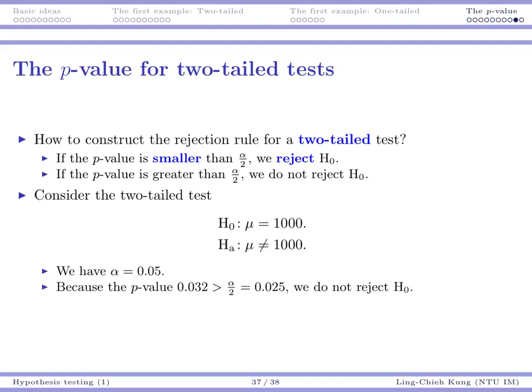Okay? So how may we construct the rejection rule for a two-tailed test? In that case, very naturally, our p-value would be compared with alpha over 2 instead of alpha, okay? Because we have a two-tailed test. So in this example, because the p-value is greater than alpha over 2, we do not reject H0.